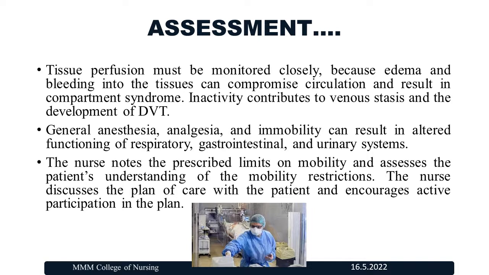General anesthesia, analgesia, and immobility can result in altered functioning of the respiratory, gastrointestinal, and urinary systems. The nurse should note prescribed limitations on mobility and the patient's understanding of those restrictions. The nurse discusses the plan of care with the patient and encourages active participation.